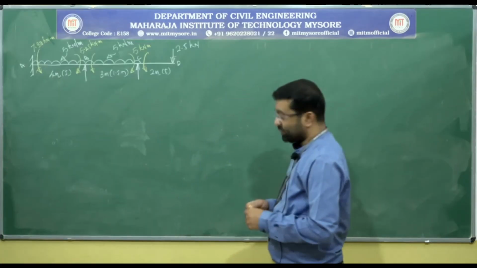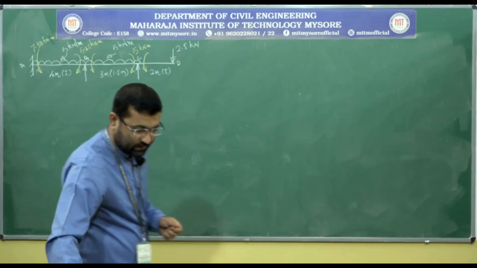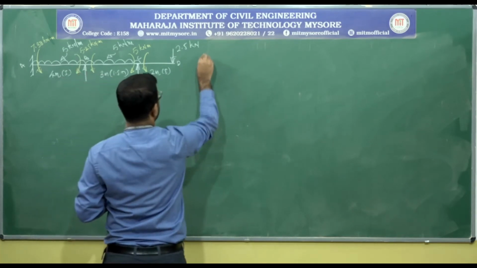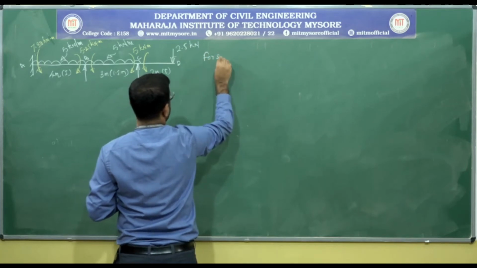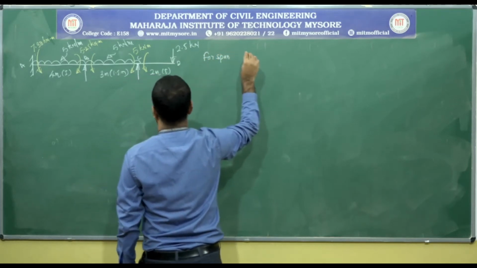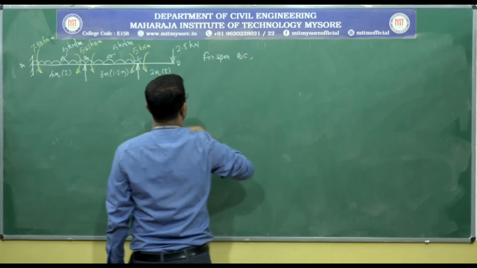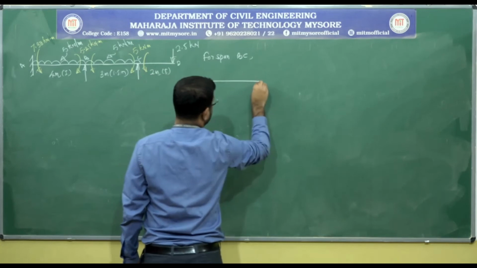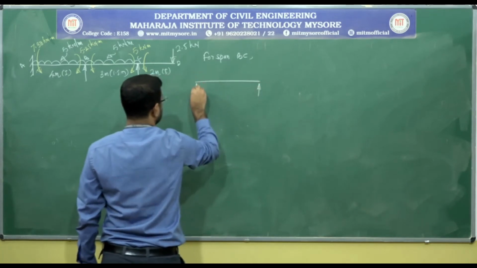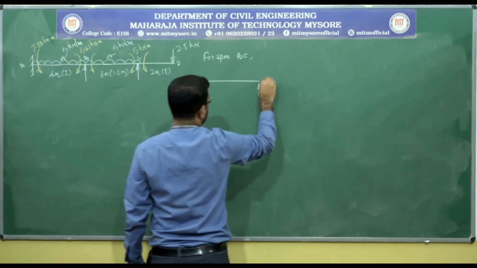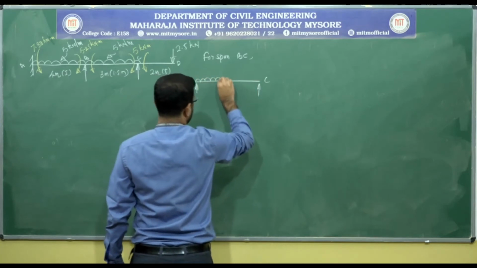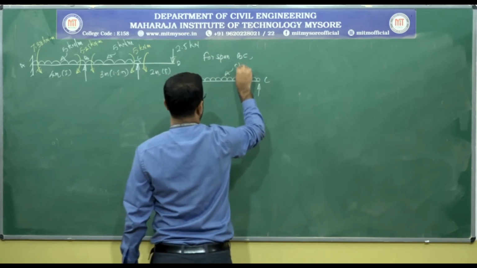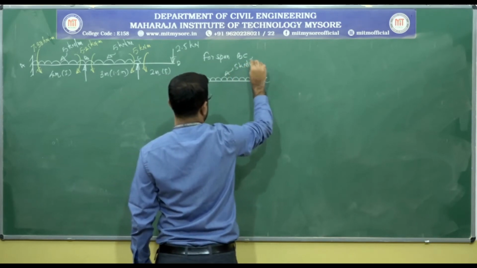Okay. So in continuation with that, let me go for the second span. For span BC, if I draw the free body diagram of span BC, so this is point B, C, and we have a load of magnitude 5 kilonewtons per meter.